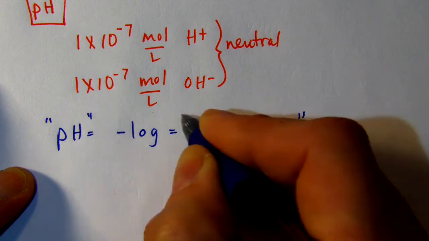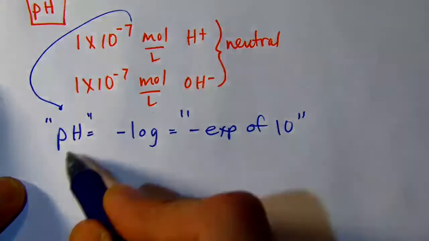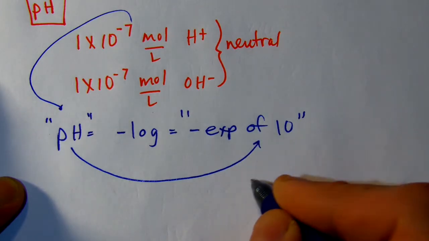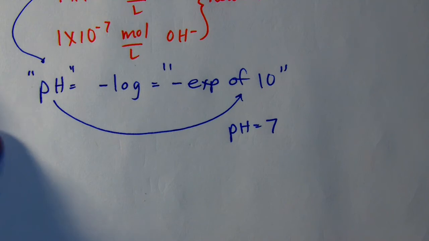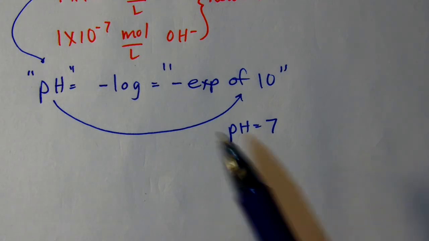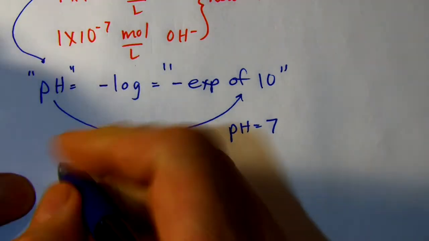That's all we're saying here. So when you have pH here, you're saying, what's the negative exponent? Well, then the pH would be 7. And we don't have to do this calculation. We basically did it before. Let's take another one, though.